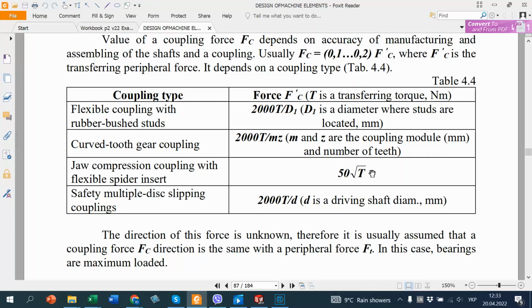It is a force which may be considered like an additional load for our transfer, and it may be calculated according to experiments from an equation like this. But usually only 10% of this force may be used for calculation. So FC is 0.1, 10% of this force.